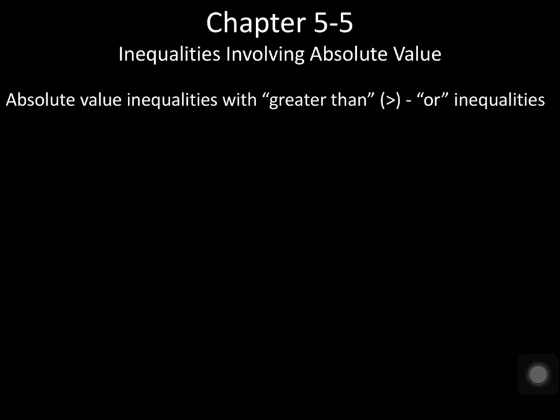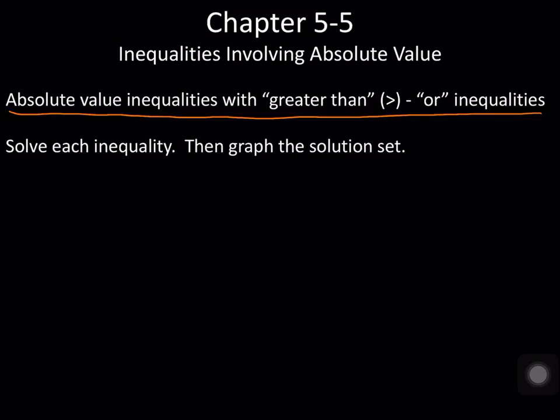All right, now let's do one with an or, and again I'm going to leave the little note up here that says that absolute value inequalities with greater than, we treat them like an or. In other words, whatever solution happens, we graph it, and then we just interpret what that number line says to us. So we'll solve the inequalities and we'll graph the solution set.